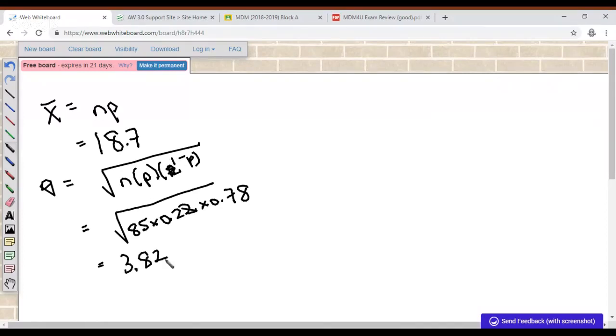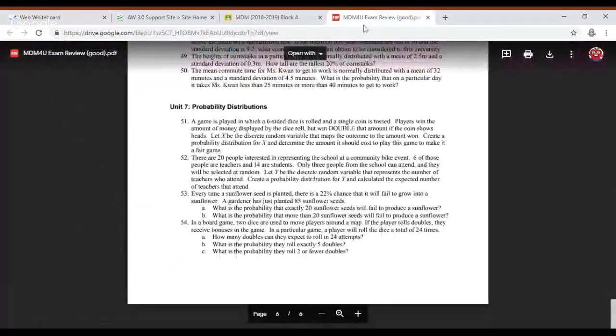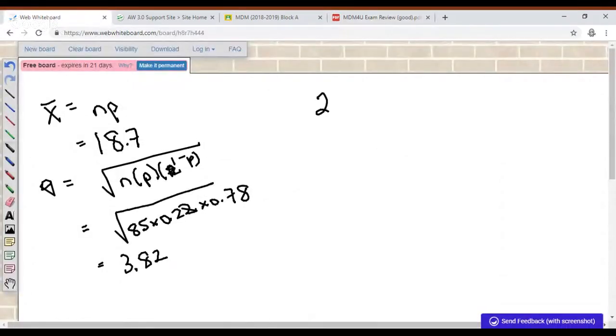And then the last thing we need to do is, because the question said, let me just double check here, more than 20. So I want 21 and upwards. So more than 20, I don't want to include 20, but I do want 21.